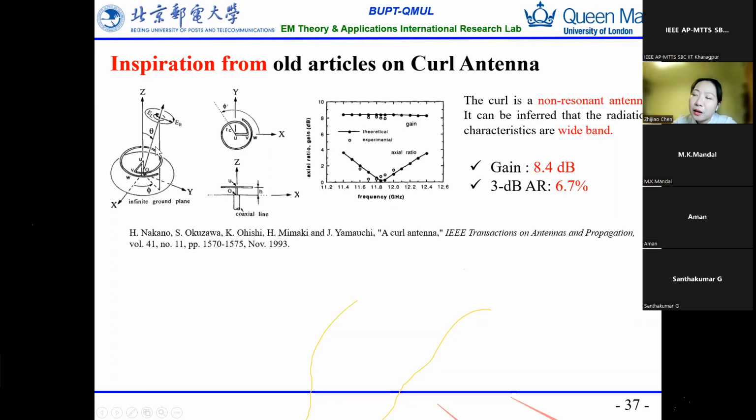He called it a curve antenna, but it looks like a spiral antenna, though it doesn't have so many turns. It only has one turn. For the first version, its antenna gain is 8.5 dBi with only 6.7% of 3 dB axial ratio bandwidth.